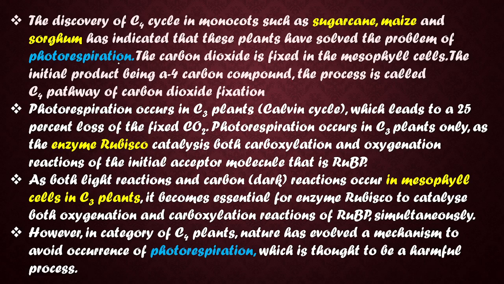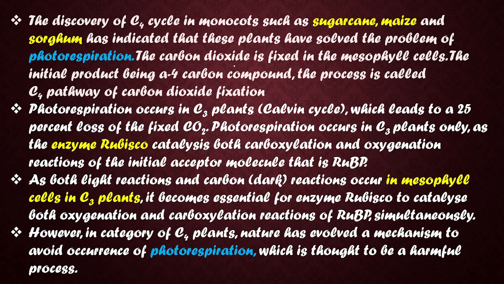This is a very energy consuming process and has to be shut down. So C4 plants evolved a new system of the photosynthesis process, that is the C4 cycle. We are going to discuss it now.